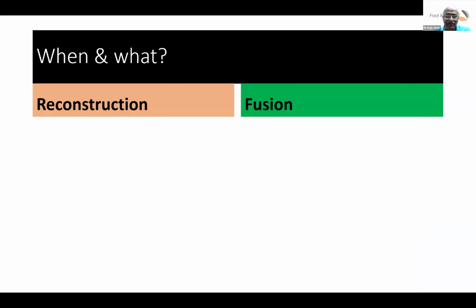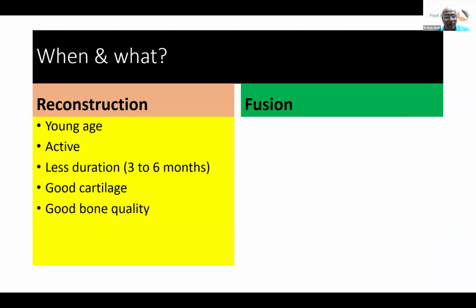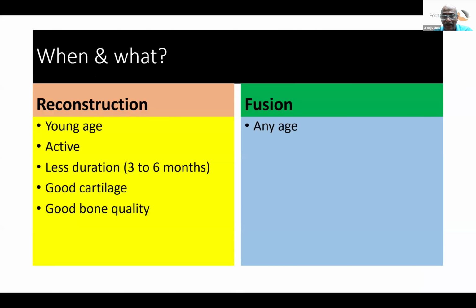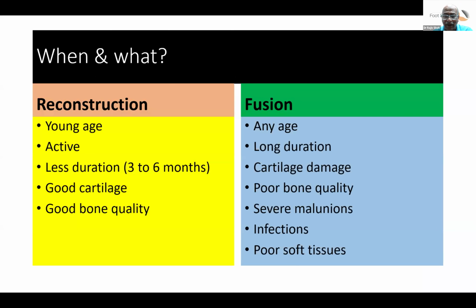So typically, reconstruction is reserved for a young patient who is active, and the malunion is less than 6 months duration with good cartilage and good bone quality, and patients are informed that intraoperatively, if we find that the cartilage is not good, we may change our procedure to fusion. And fusion could be done at any age, where the patient has long duration malunion, cartilage damage, poor bone quality, severe malunions all fall into fusion. Infections and poor soft tissue also go for fusion of subtalar joint.